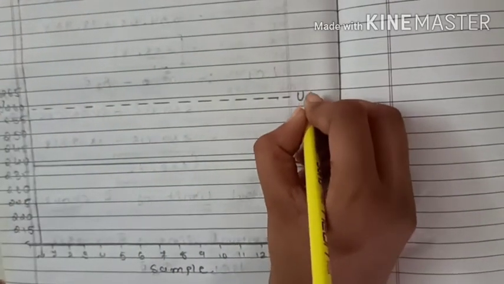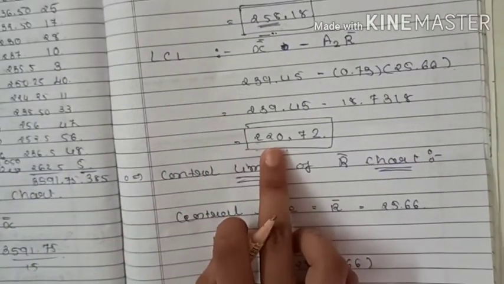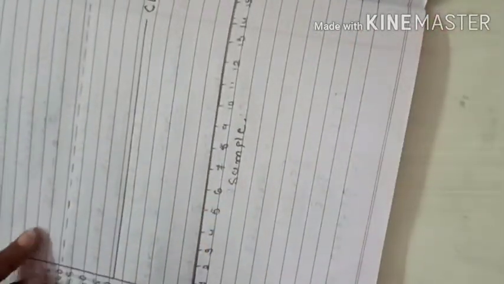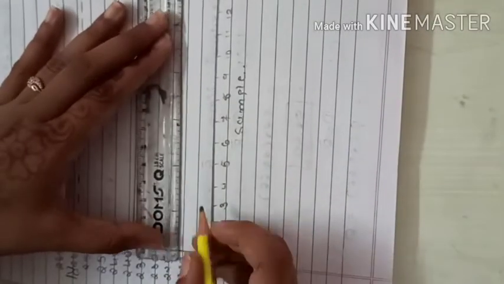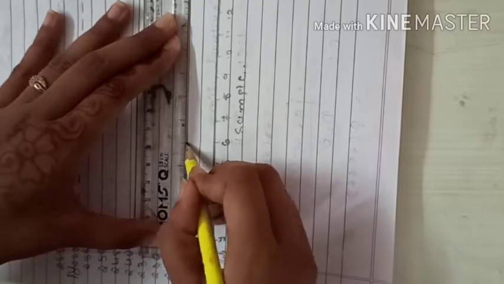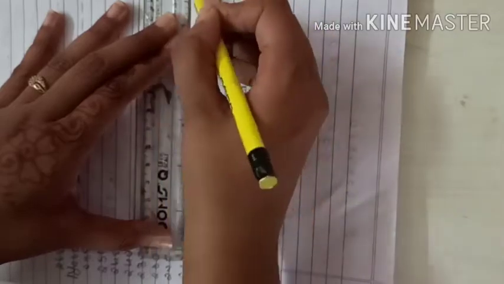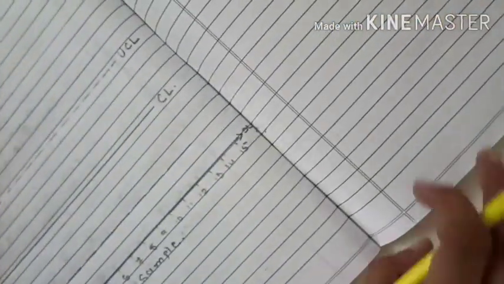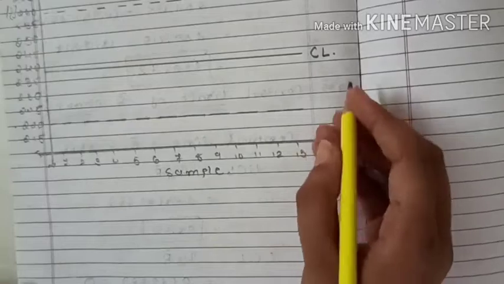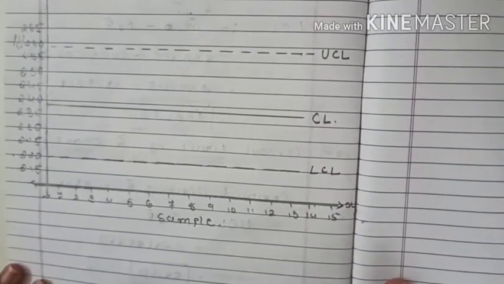Known as the upper control limit, right? Now the lower control limit is 220.72, so we are making the lower limit at the 220. This is the lower control limit, right?